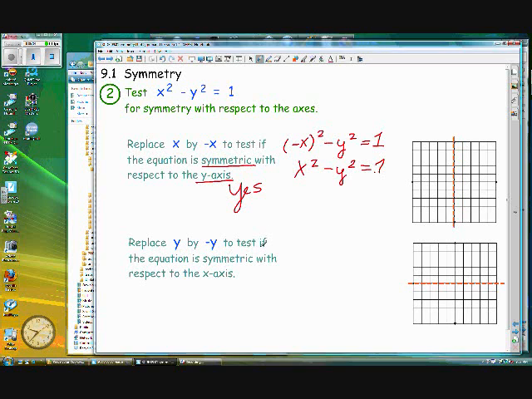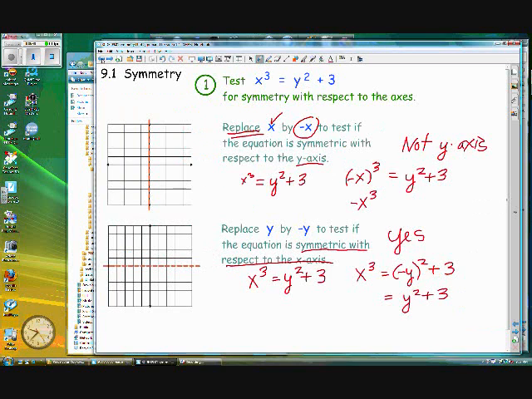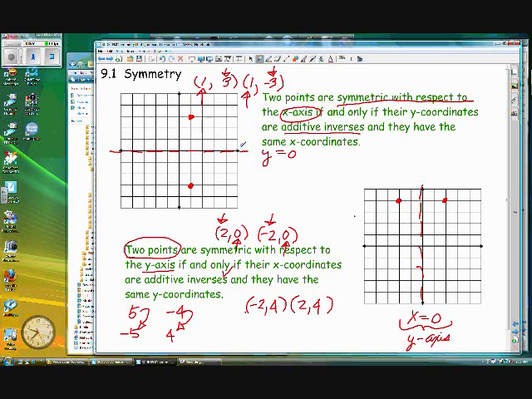Now let's try substituting in the y. Notice, please, that when we're looking for symmetry with respect to the y-axis, we're trying x and negative x. I'm going to go back again. Symmetry with the y-axis, we're looking at x and negative x.